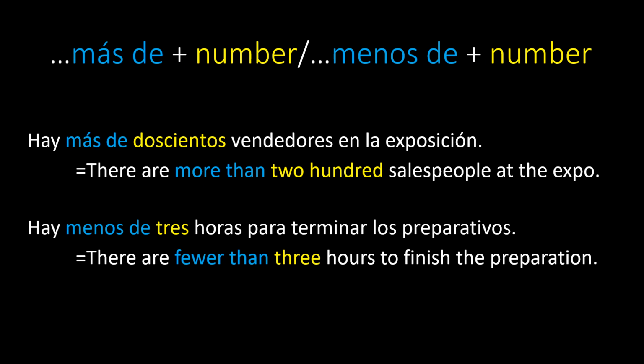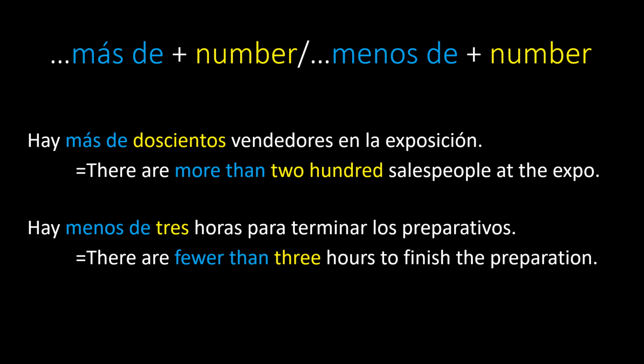Earlier in this presentation, we saw más que and menos que. However, if the next thing that comes after the comparative is a number, then what we do is we put in más de and menos de. So que changes to de before a number. Look at the first example.